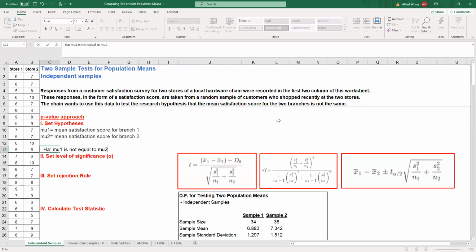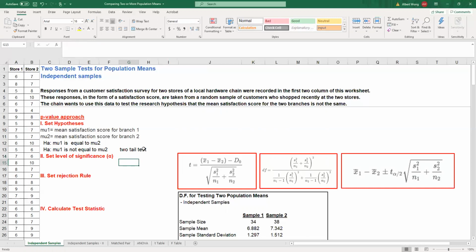Because we want to test the hypothesis that the mean scores are not the same, it means not equal to. Now that this is the alternate hypothesis, the null hypothesis, of course, is that they are equal. That's very straightforward. And because this is not equal to, this is a two-tailed test as before.